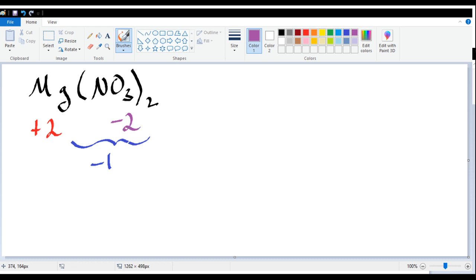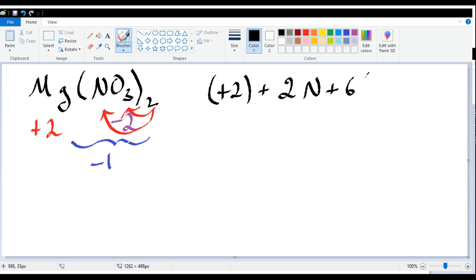Well, not always, but most of the time. So our 1 magnesium, positive 2, plus our 2 nitrogens. Remember, when you have the subscript on the outside, it applies to everything on the inside. So 2 nitrogens, and we have 6 oxygens. Each oxygen is negative 2, and our entire compound, the salt as a whole, is neutral.